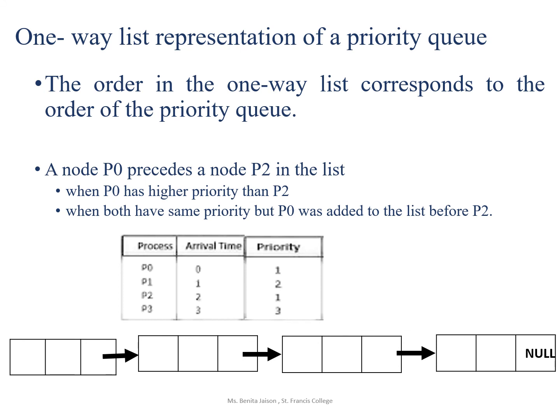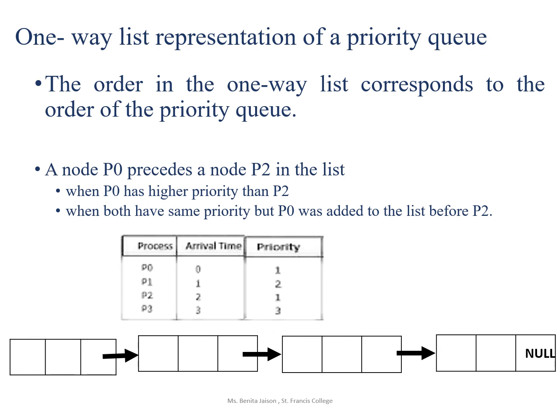If in the linked list, the node P0 precedes the node P2, that means either P0 is having higher priority than P2, or if both P0 and P2 are having the same priority, then P0 has arrived before the process P2. In this example, both P0 and P2 are having the higher priority, which is indicated by 1.